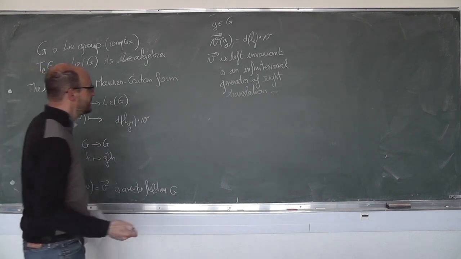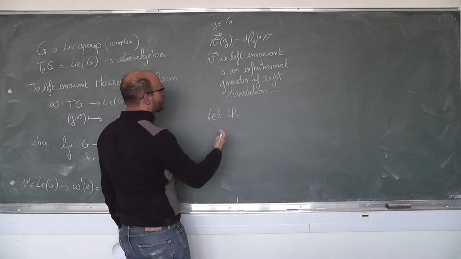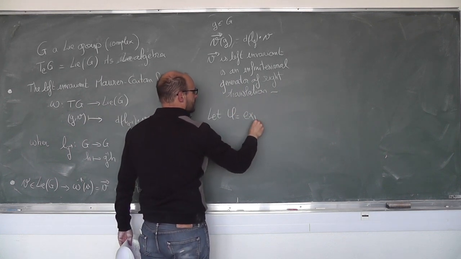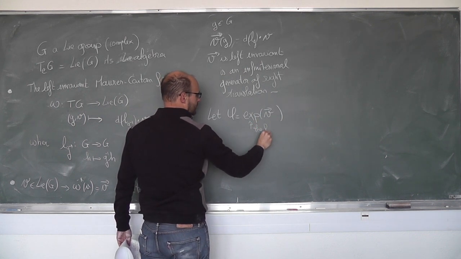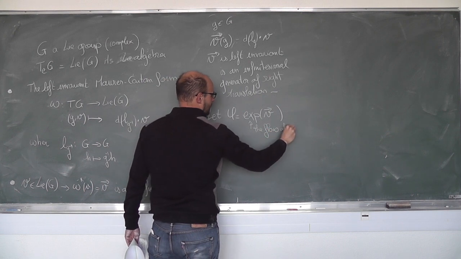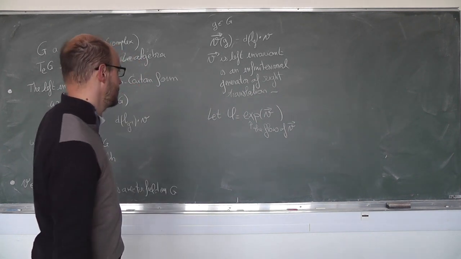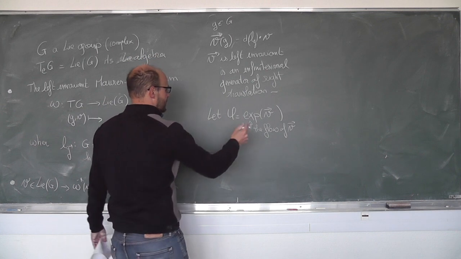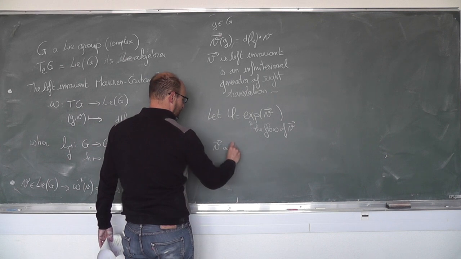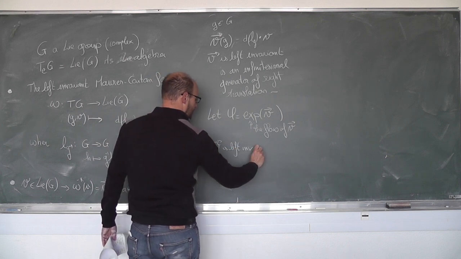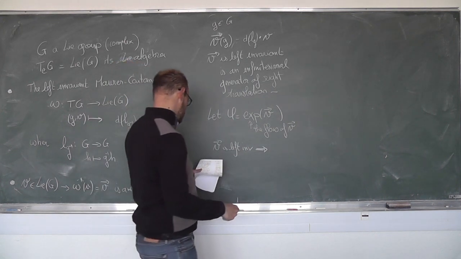So to see this, you just have to, let phi be the flow of this vector field, which is defined somewhere, in some open subspace, maybe not everywhere. And then you write that v is left invariant, which will give you that these commute with the left action.